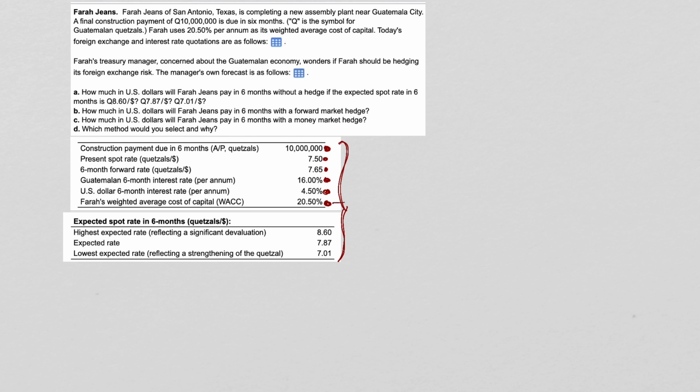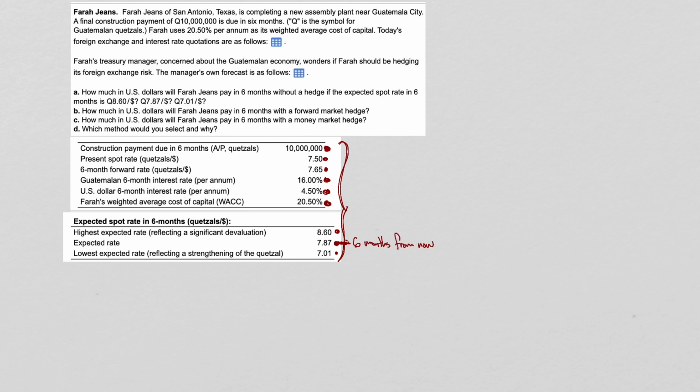That is, if we had $1, what's our annual expected return from us doing business on that dollar? And in addition, we don't know what spot rates will be in reality in the future, but our highest expected exchange rate in quetzals per dollar is going to be 8.6. And then we have our lowest, and then our average or baseline scenario expected exchange rate for 6 months from now. So these are our starting parameters.